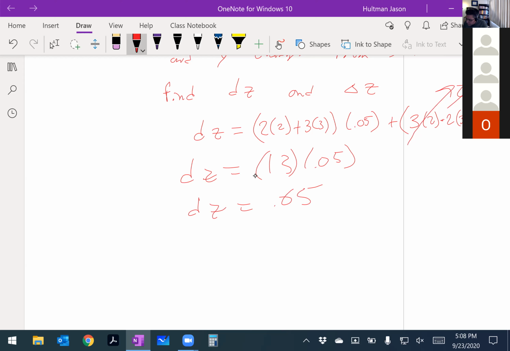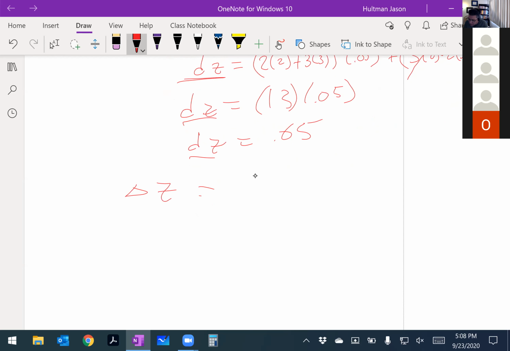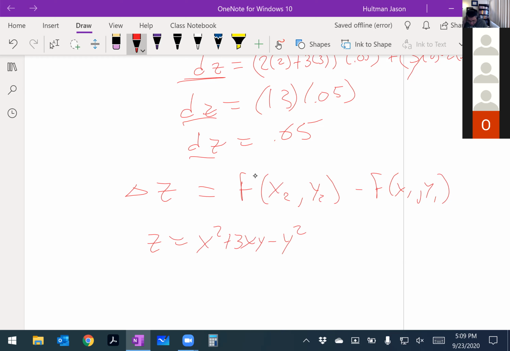Now, the reason we do this is because this was easier to calculate than possibly what delta z would be. And delta z, again, is f of x2, y2 minus f of x1, y1. Okay, so what was the original function? The original function was z equaling x squared plus 3xy minus y squared.